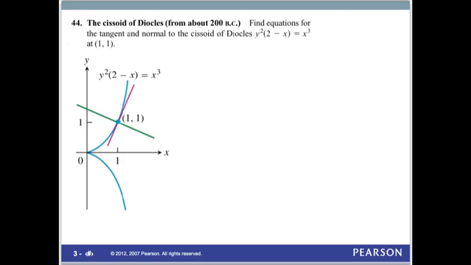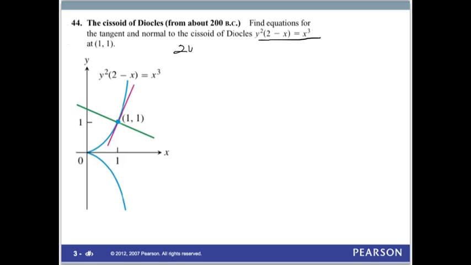The equation is given as follows: y squared times (2 minus x) equals x cubed. And we're going to find the slope of the tangent line by using implicit differentiation. So if you'll follow along here, we'll rewrite the equation.